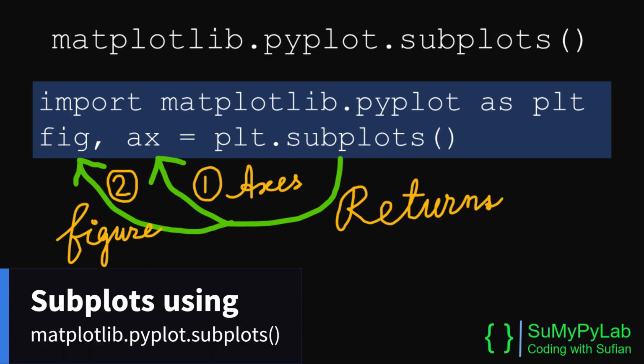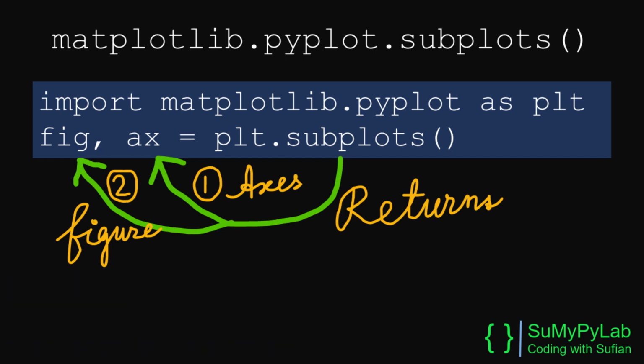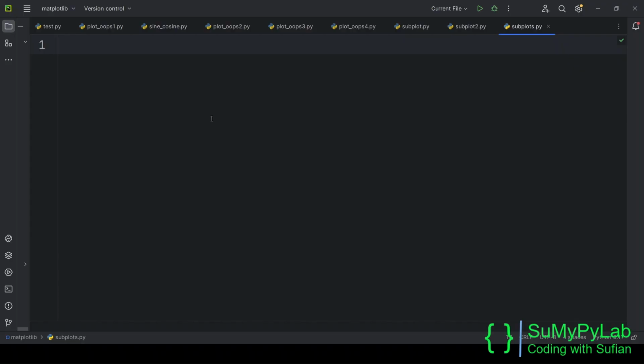Now we will use the matplotlib.pyplot.subplots wrapper function for creating subplots. This is a convenience function that helps us to create subplot layouts with less code and with ease. Before discussing the syntax and other details of the subplots function, let's try this code first.